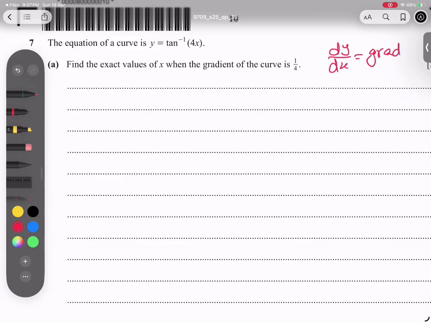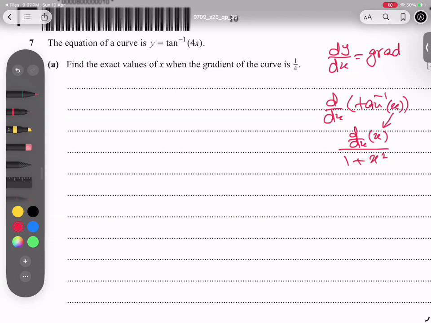So first of all, I will differentiate, and you must know the tan inverse derivative criteria. If we are differentiating tan inverse of, for example, x, what is the way? 1 over 1 plus angle squared. In the numerator, I will write dy over dx of the angle. This part is very clear.